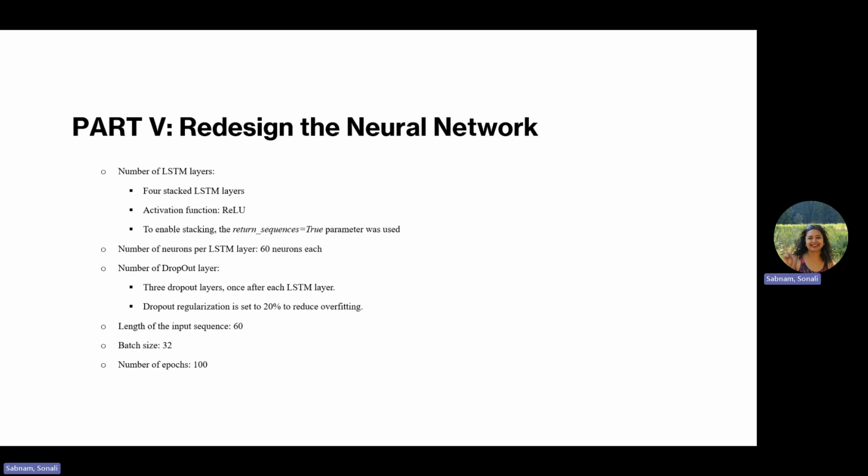To enable stacking, the return sequence is set to true, and regularization is incorporated through 3 dropout layers applied after each LSTM layer with a 20% dropout rate to prevent overfitting as done in the previous model. The model processes input sequences of length 60 with a batch size of 32 for training. It is trained over 100 epochs, balancing computational efficiency and accuracy. The design enhances the model's performance on sequence-based tasks.